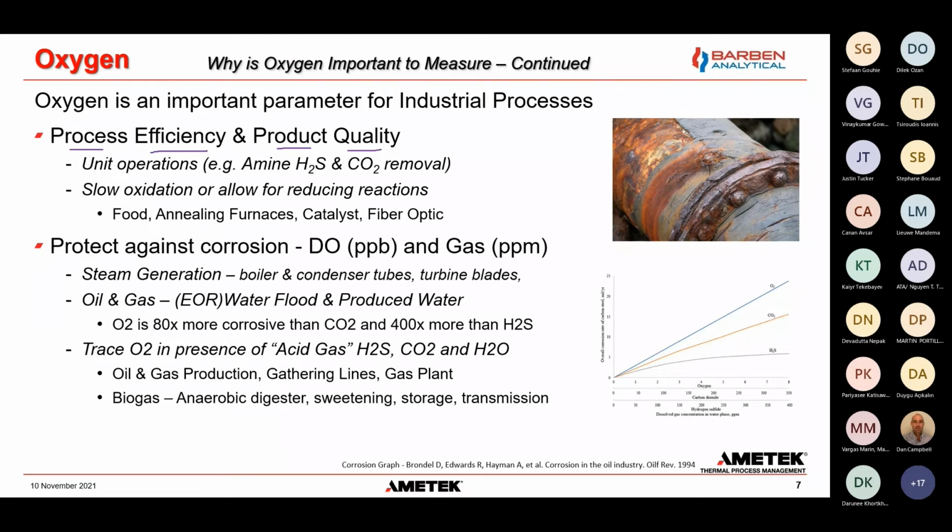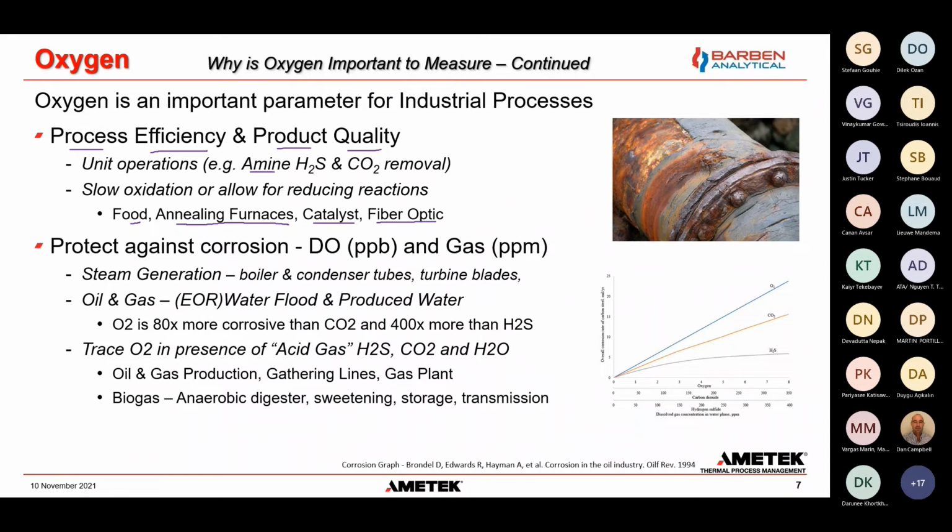If oxygen gets in there, it can eat the amines and lower the efficiency of the process. Also, we want to remove oxygen or make sure it doesn't exist in a process to slow oxidation or allow reducing reactions to occur. This is our case with food, annealing furnaces, protecting catalyst, or in fiber optic coating operations.